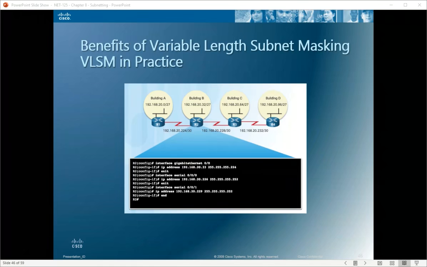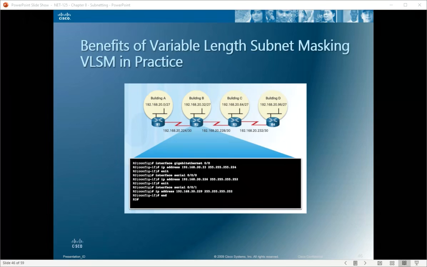That would be the .63 address in this case. What's the opposite of the broadcast address if we're talking about our reserved numbers? First host address, very good.